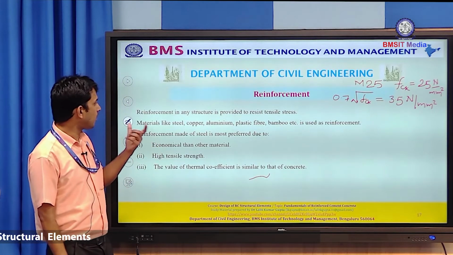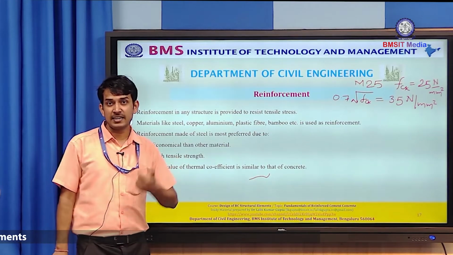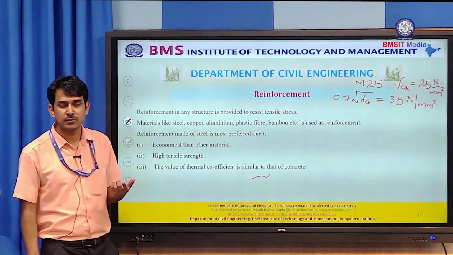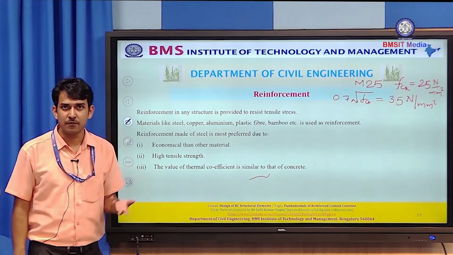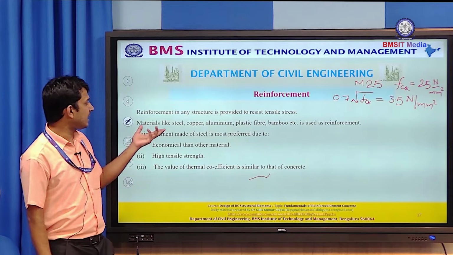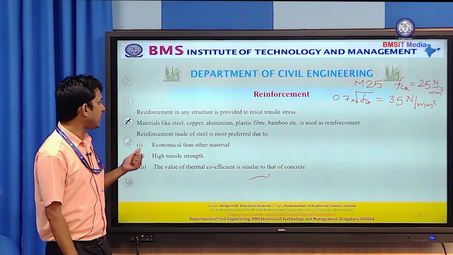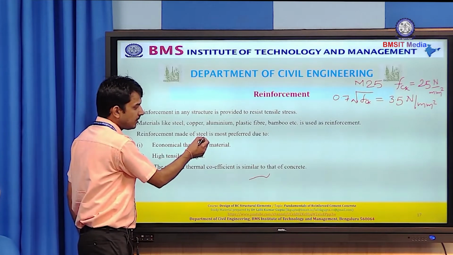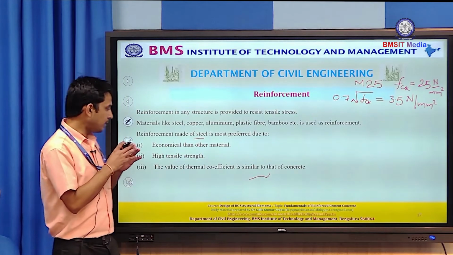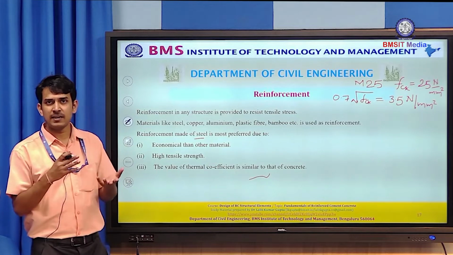Now what are the materials which we can use in the RCC as reinforcement? Those materials are steel, copper, aluminium, plastic fiber, bamboo, but mainly we use steel. Why do we use steel? There are multiple reasons behind it.